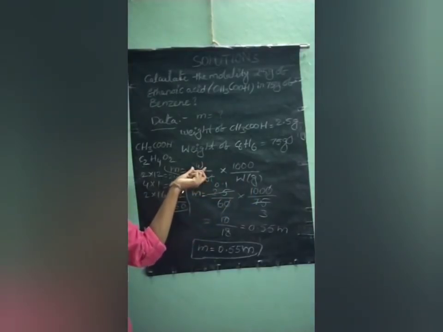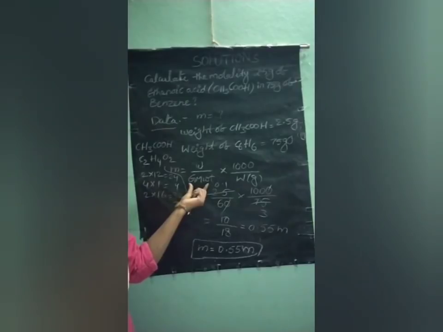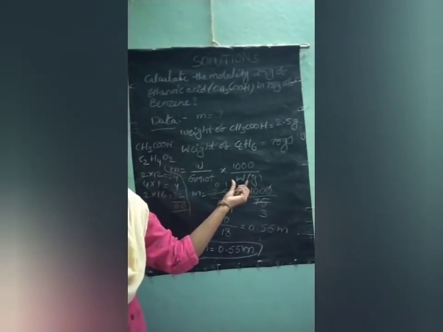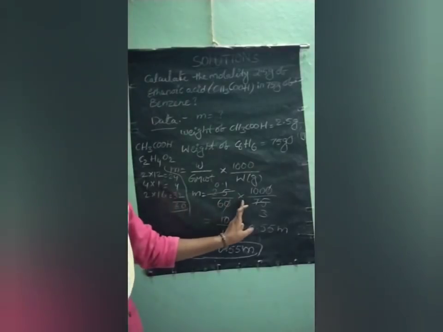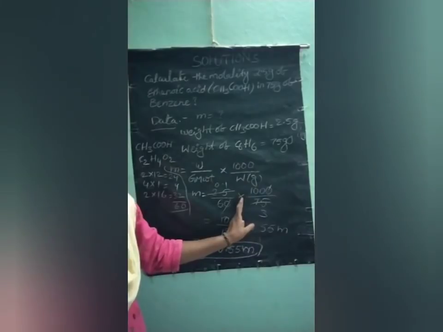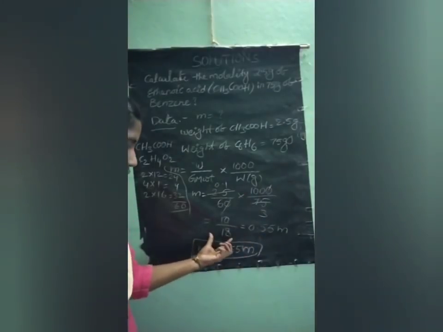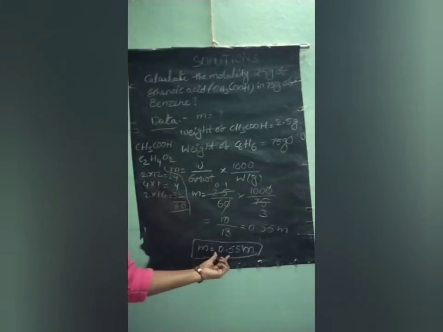Here w is the weight of the solute, this is the gram molecular weight of the solute, and capital W is the weight of the solvent. So the weight of the solute, ethanoic acid, is 2.5 grams, and the gram molecular weight of ethanoic acid is 60, into 1000 by 75. By calculating we get the molality of the solution, that is 0.55 molal. Okay, is it clear? Okay, next problem.